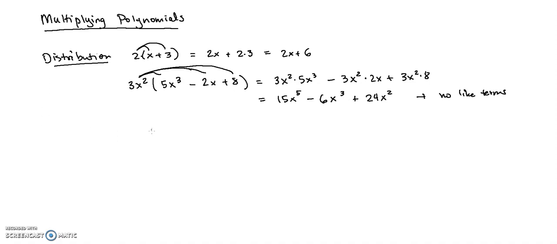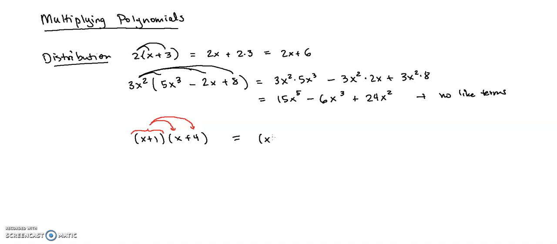All right, now we can also use this for things that are not just one term outside, but we could have 2 terms outside. So let's say we have like (x + 1) times (x + 4). If we think of this as one group, we would take this and distribute here, and we would distribute here.